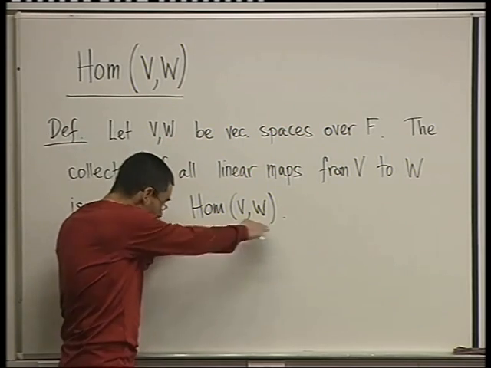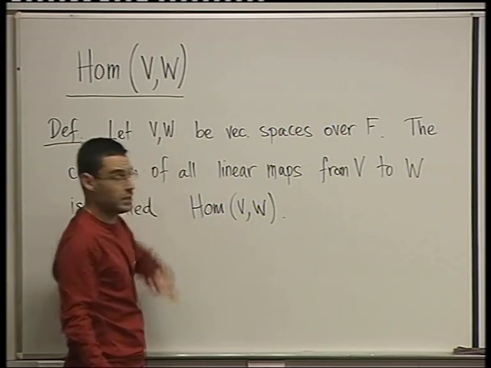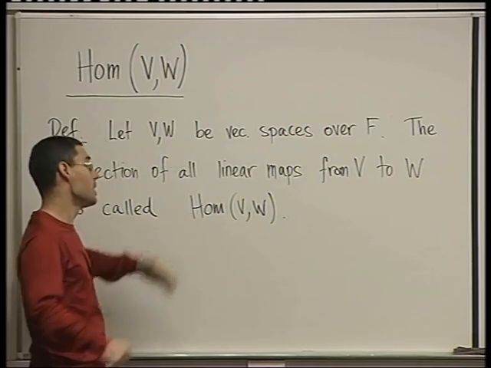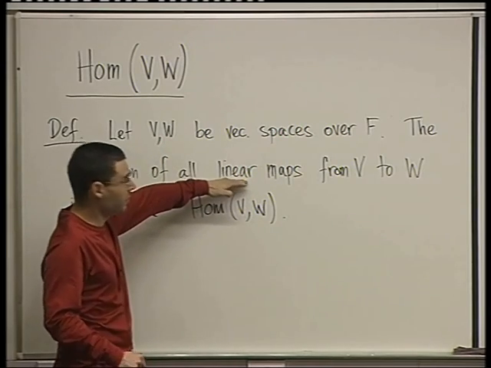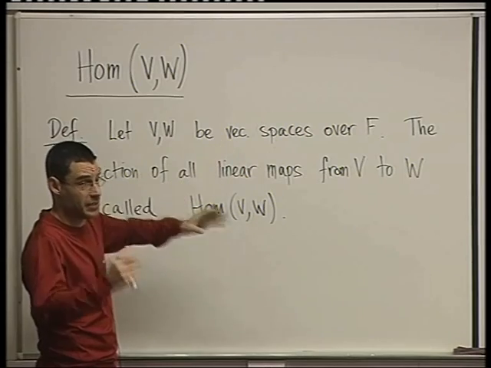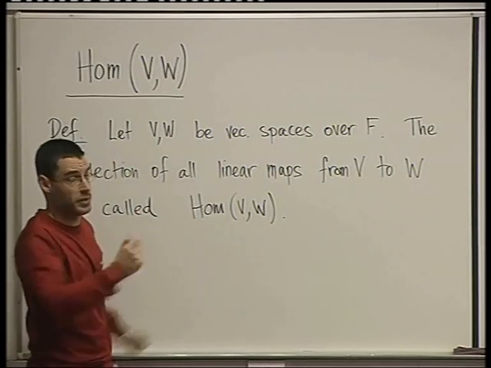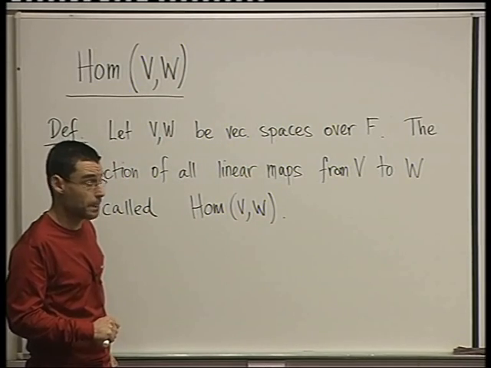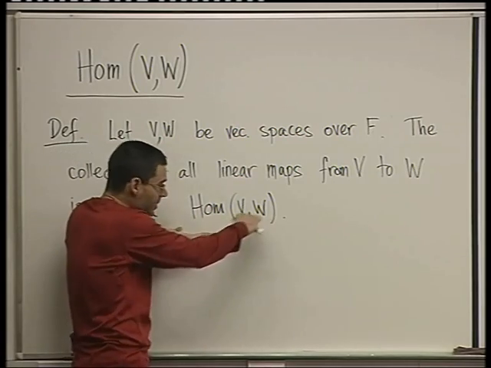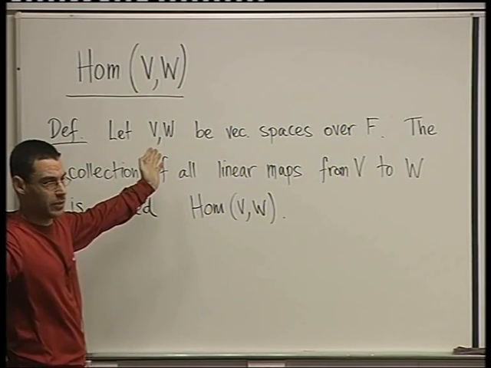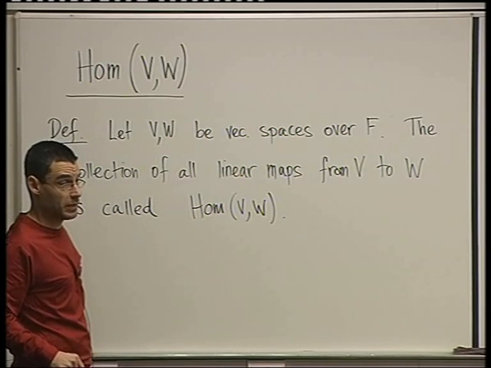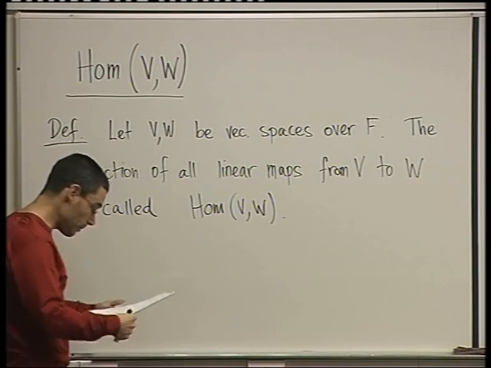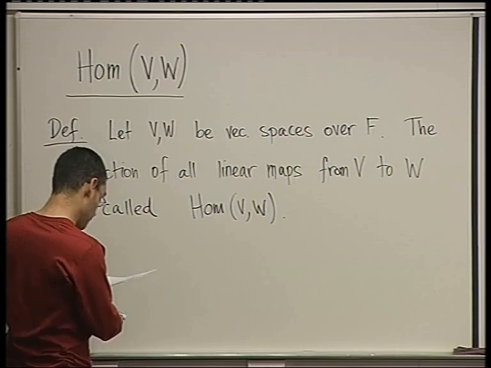And this in general is denoted by Hom(V, W). All homomorphisms, when these are vector spaces, are linear maps. That's the correct notion of a homomorphism between two vector spaces. But you may see this in various contexts, not just when these are vector spaces.